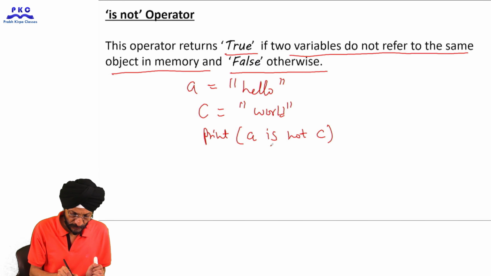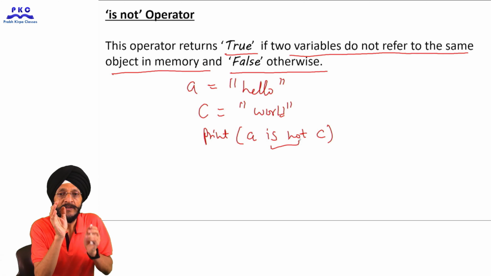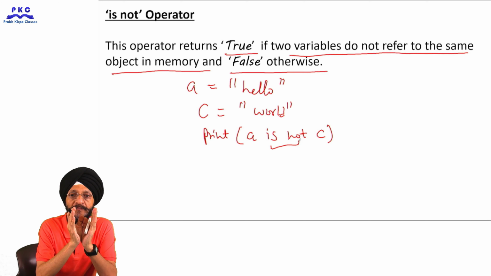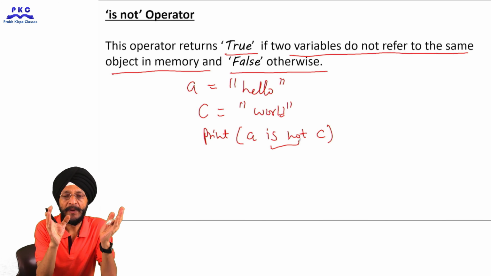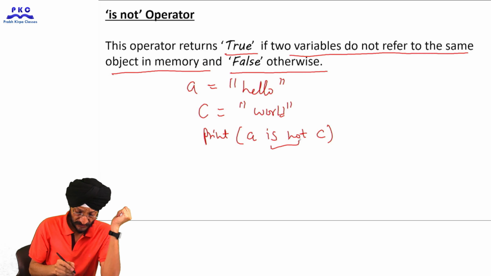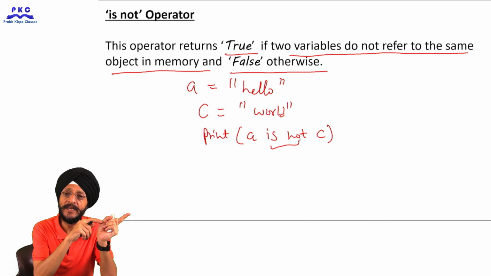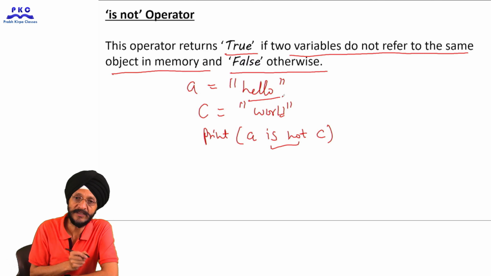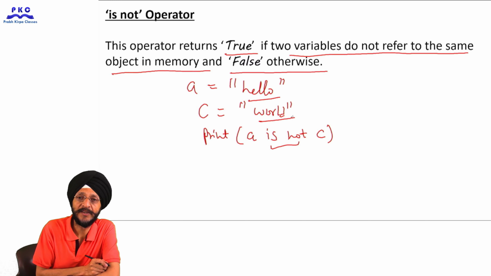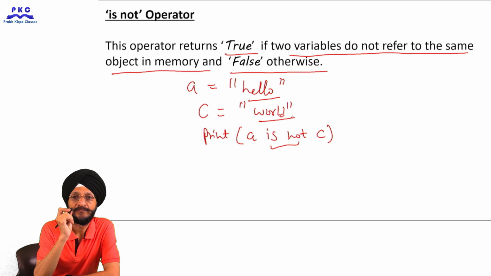Here we are using is not. Is not is an operator which will compare these two variables from the point of view of memory location, whether A and C refer to the same object in memory. Here you will find that hello is a string, world is a string. Both are different objects. The value is different.